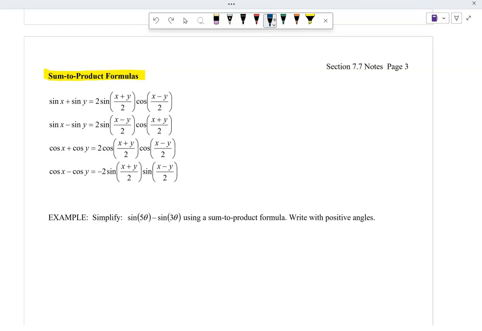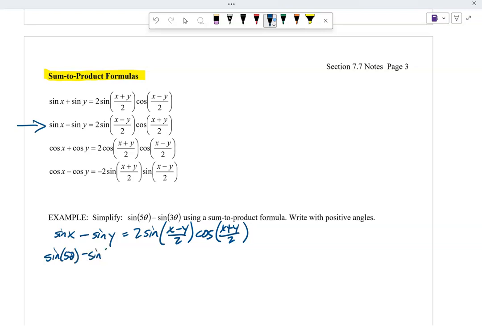And so we're going to use sine x minus sine y. So we'll use this first one. The second formula there equals 2 sine of (x minus y) over 2 times cosine of (x plus y) over 2, a product, because we're going to a product. We got 5 theta minus 3 theta, so x is 5 theta, y is 3 theta.